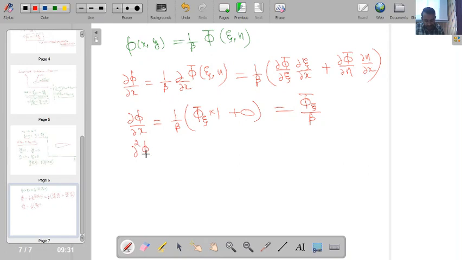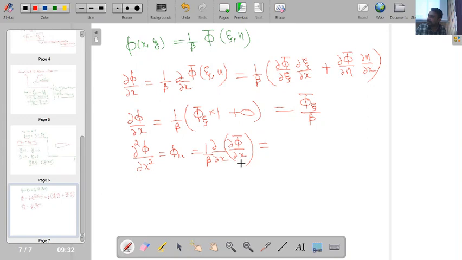Similarly, if I calculate del square phi by del x square, which is phi xx, that will be equal to del by del x of del phi by del x.